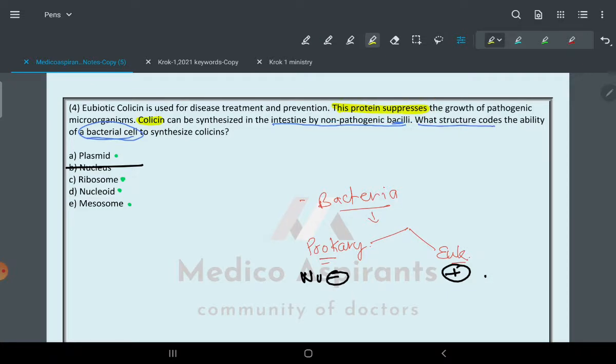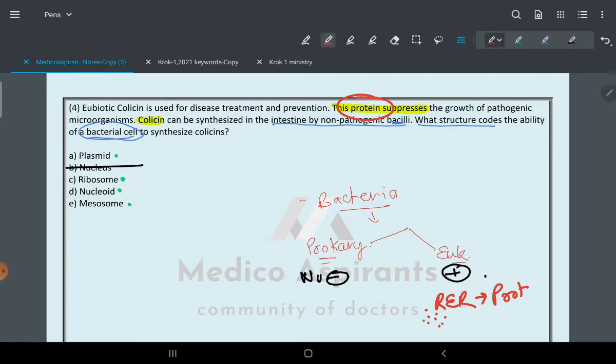Its nature is proteinaceous, colicin. If you remember, eukaryotes have protein synthesis, or proteins formed by the ribosomes and rough endoplasmic reticulum. There they form the protein with the help of rough ER, because ribosomes are present. If you remember the basic mechanism.